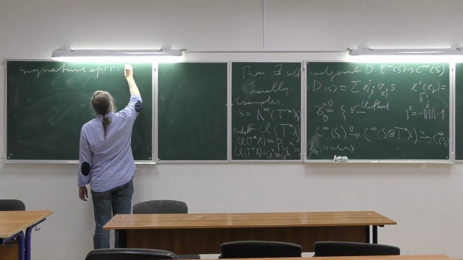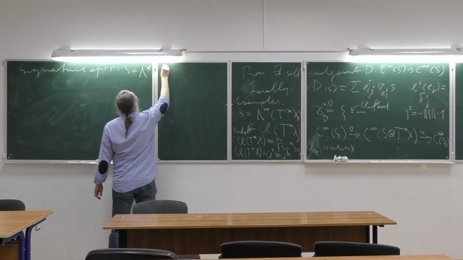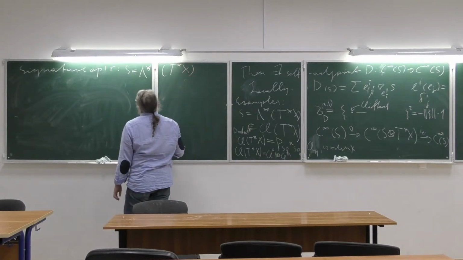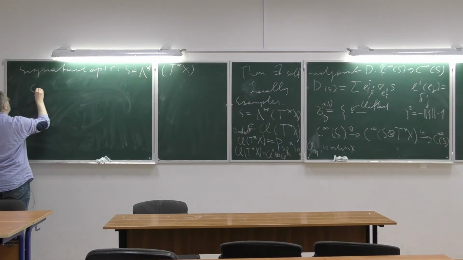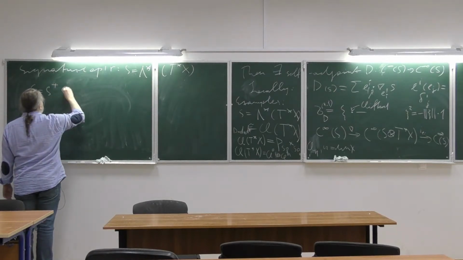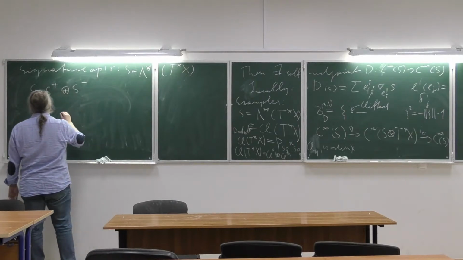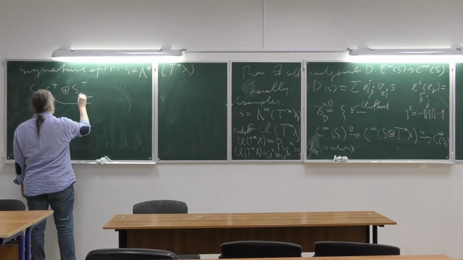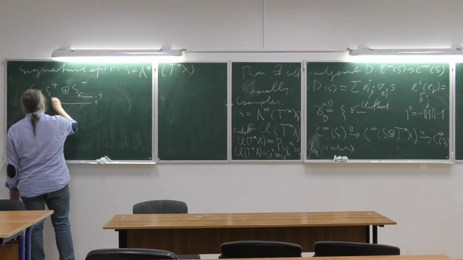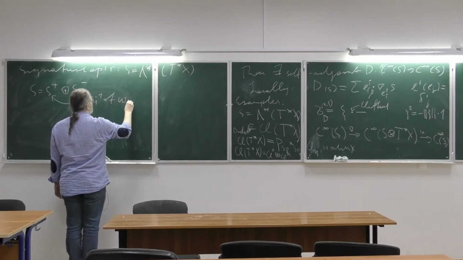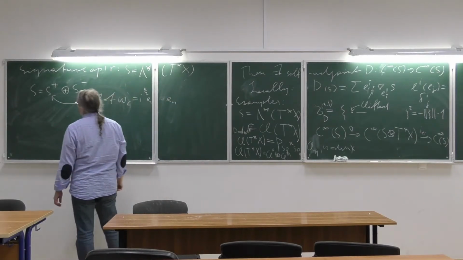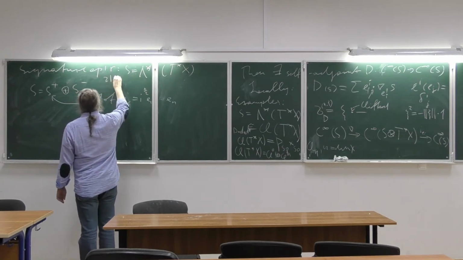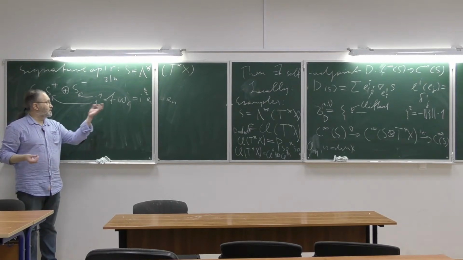Well, we take S equal, again, lambda star of T*, but for the signature operator, let's assume that n is even.